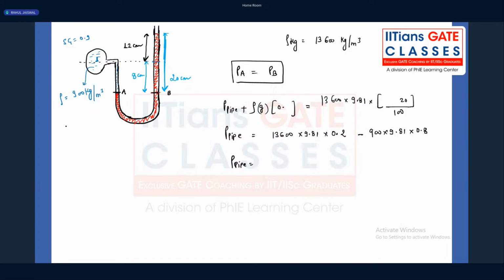Now what is the value you are going to get? 13,600 into 9.81 into 0.2 minus 900 into 9.81 into 0.8. 8 centimeter, right? 8 centimeter is 0.08 meter.